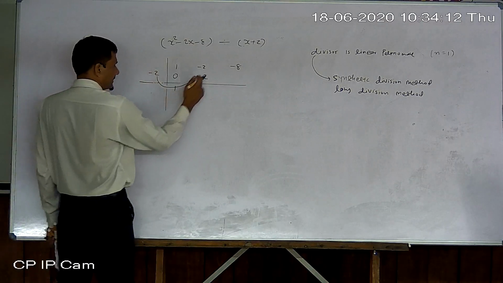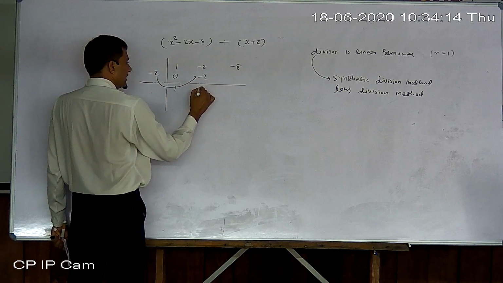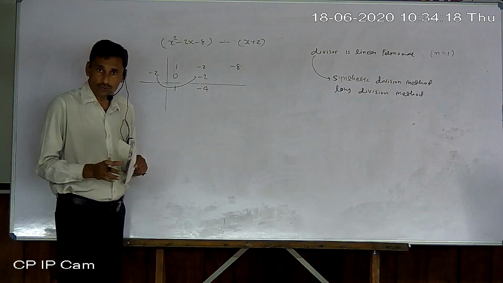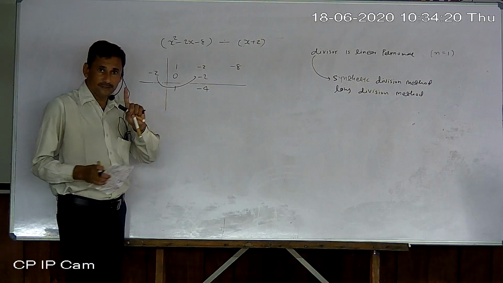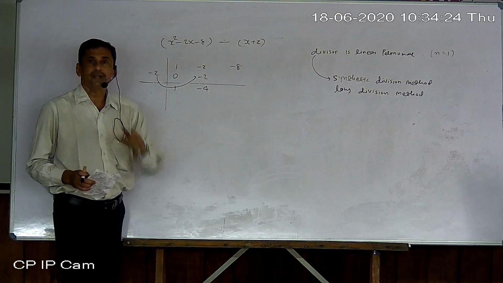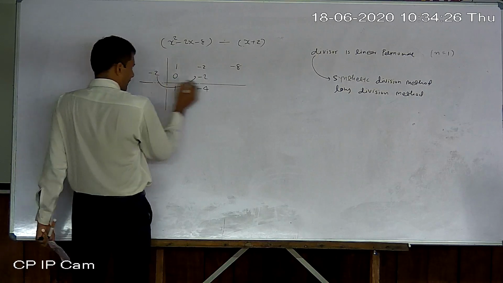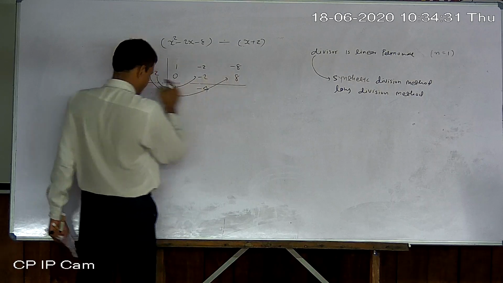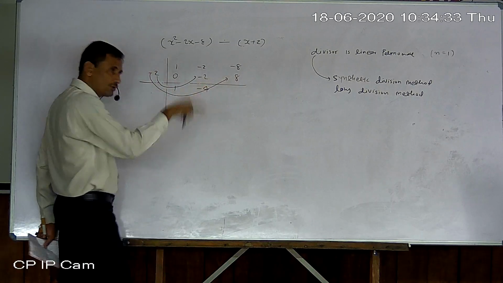Okay, multiply them. Now make the total: minus 2 minus 2 is minus 4. You understand that? Not 4: minus 2 minus 2 is minus 4. Minus minus plus means not the sign plus, that means only addition. Now again, minus 2 into minus 4 is plus 8. Minus minus plus here, it is product only.